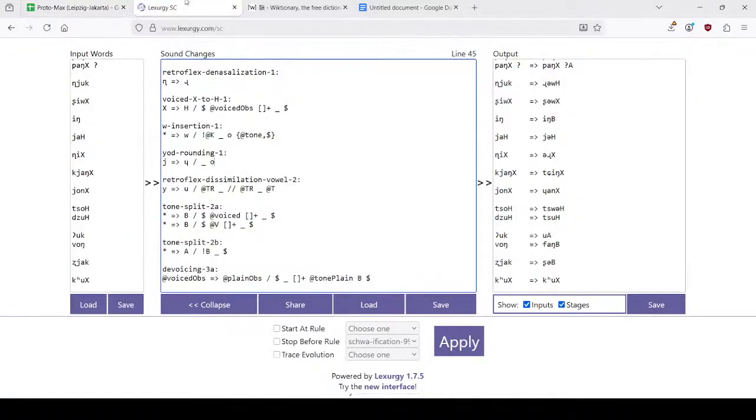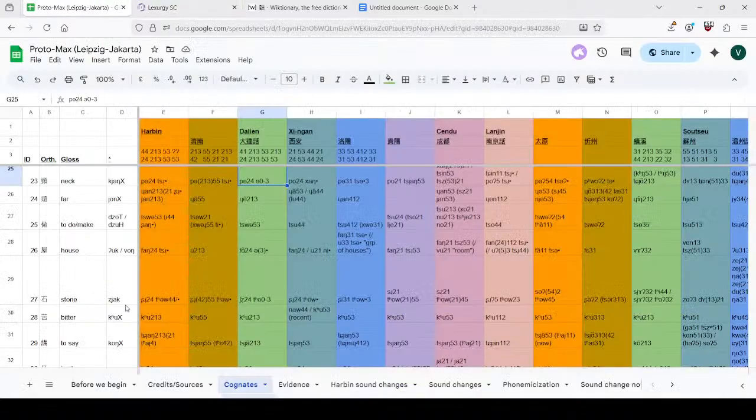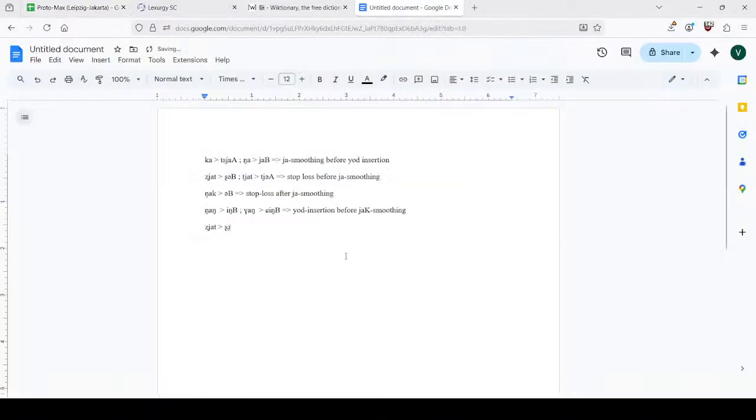Right. Let's just use that. Sure. This implies that ya smoothing comes before stop loss. Does this mess up anything?